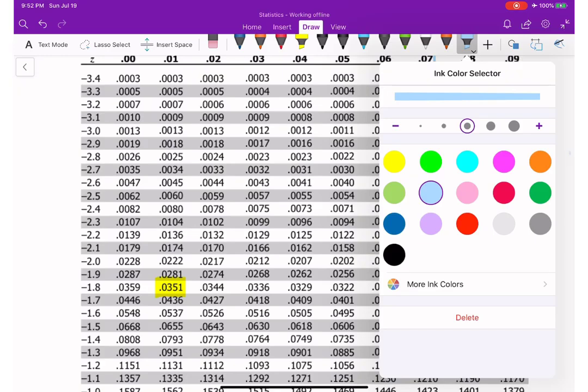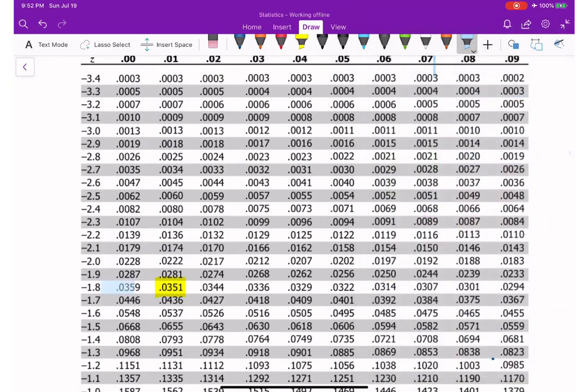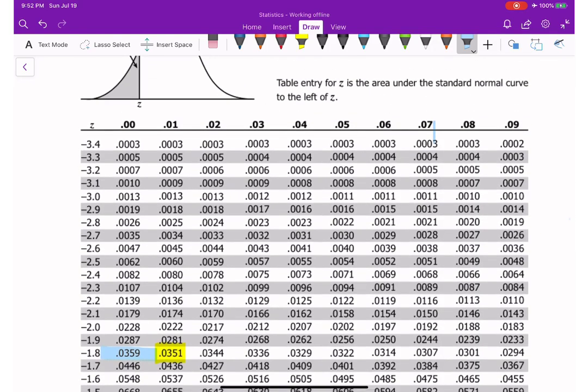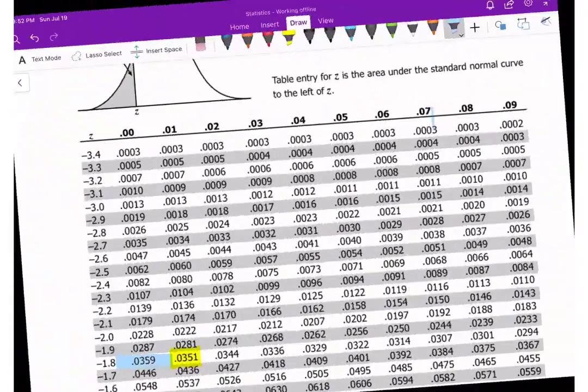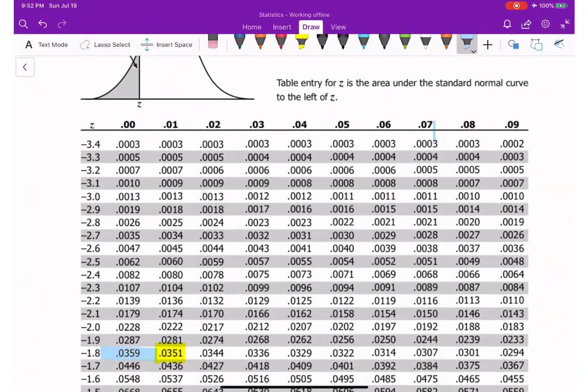All right, so from here it's going to be -1.8, and here it's going to be 0.01.